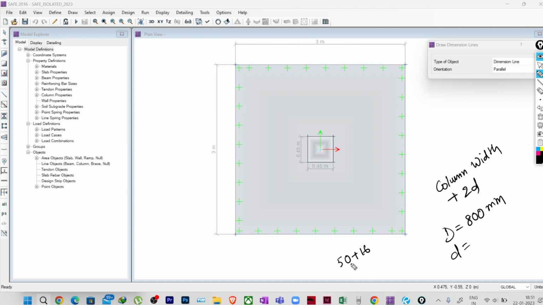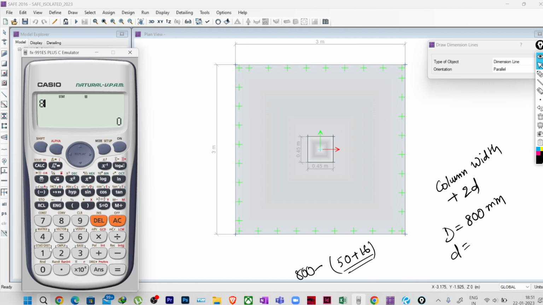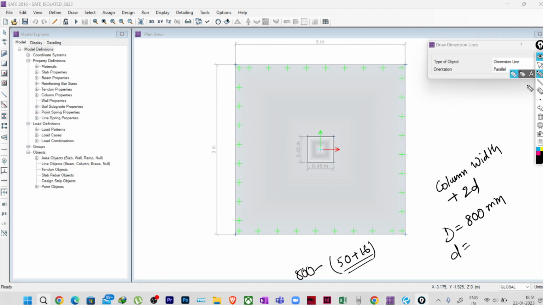So 800 minus 50 minus 16 by 2, half of this, because we need the effective depth. So how much are we getting? We are getting 742. Okay, so suppose we are considering 740 mm as our effective depth.